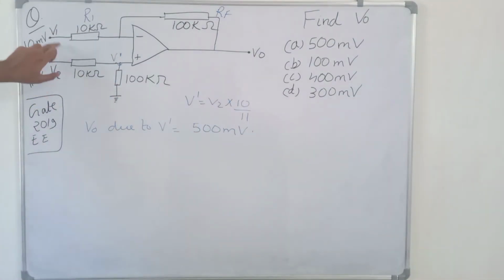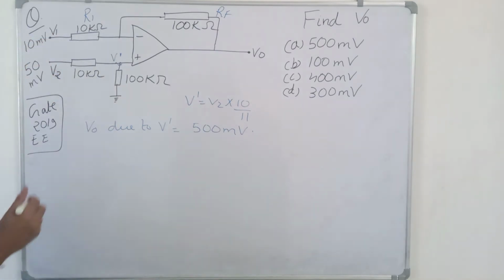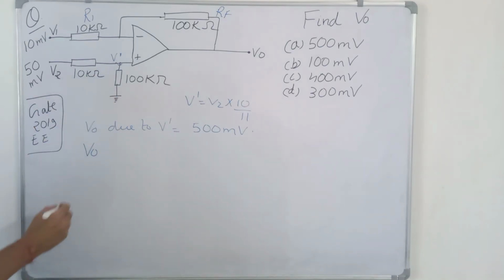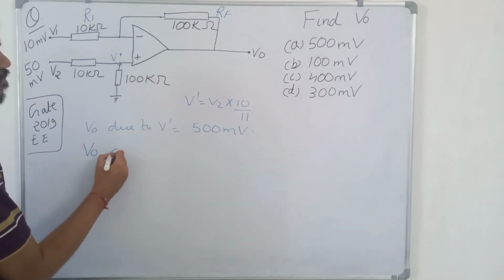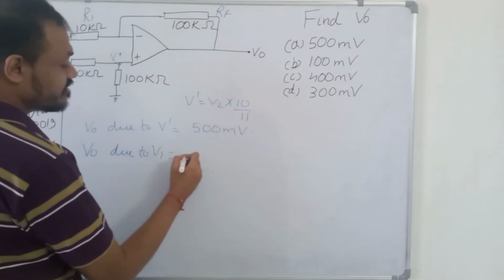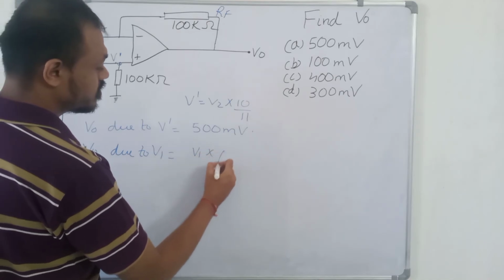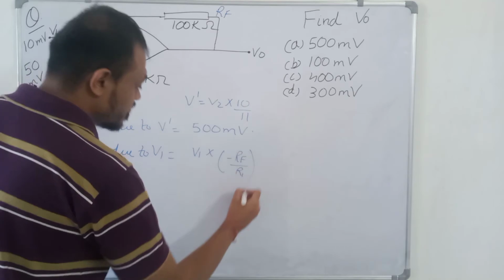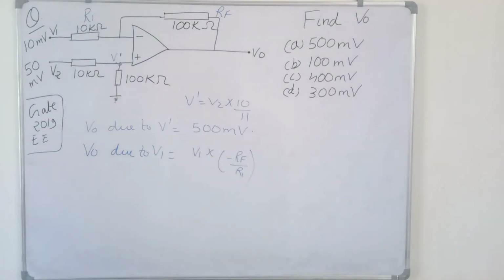Now we will consider only the voltage V1. When we consider the voltage V1, then we have to ground the voltage V2. So for the inverting terminal of the op-amp, the gain of the op-amp is minus RF by R1. So V0 due to V1 is equal to V1 into minus RF by R1, because the gain of the op-amp due to the inverting terminal is minus RF by R1.